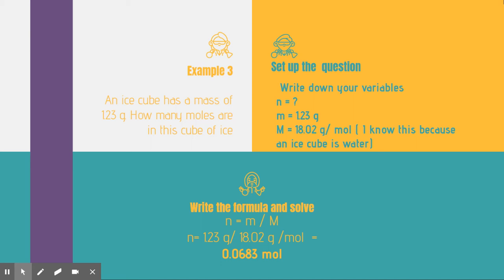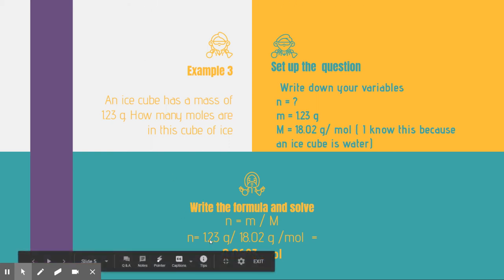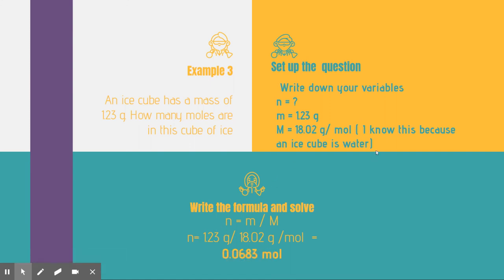Because of division, I have 3 significant digits here, because in division and multiplication, we use all the digits. Because I have 3 digits here, my answer of 0.0683 has 3 digits, because the 2 zeros out front don't matter. The 683 is what matters. So I have 3 significant digits, and there is my answer.